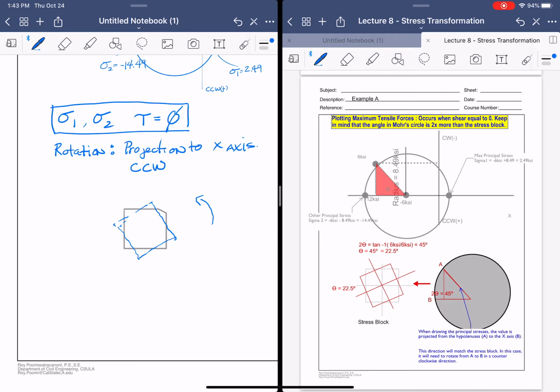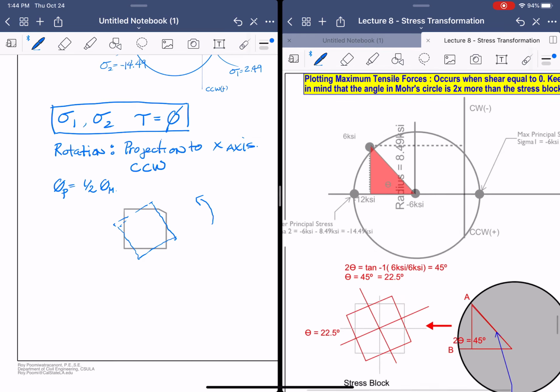So one's rotation, and then the theta is going to be half of what you get from the Mohr circle. So theta for the principal stresses, theta P, is equal to half of theta from the Mohr circle.